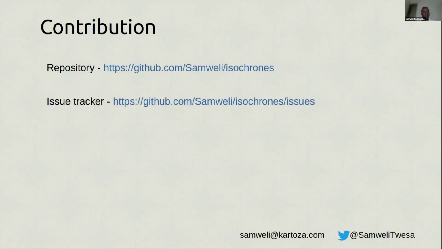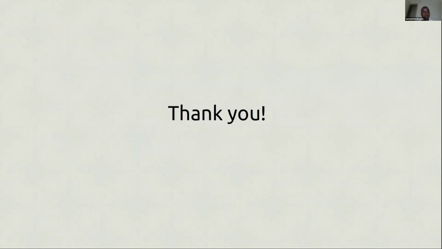The plugin is released under GPL. It's available on GitHub. The repository is under Samuel Isochrones. If you have any issue using it, you can open it on the GitHub issues. Yeah, that's all. Thank you.